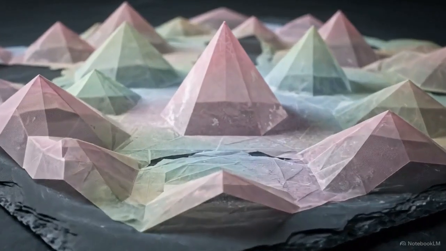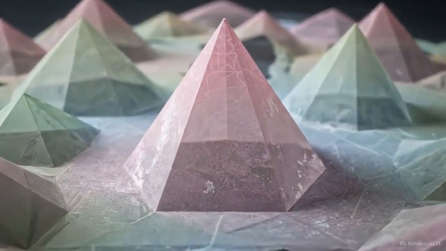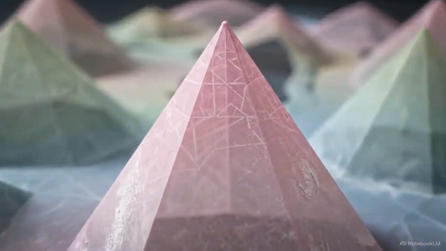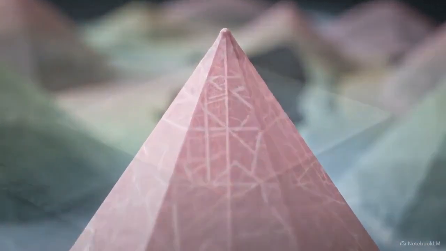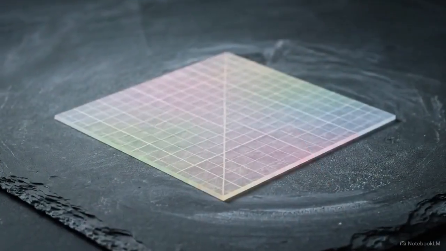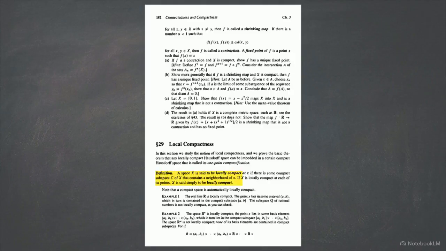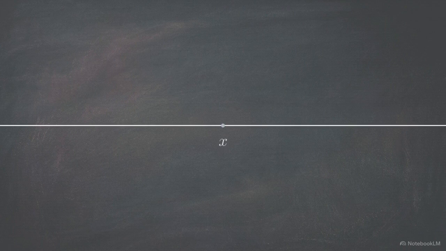Despite this global failure, the real line is still the foundation of calculus. This works because a space can be entirely unstable globally while remaining perfectly predictable up close. This localized stability is known as local compactness. This definition establishes the rule: a space is locally compact at a specific point if you can draw a small neighborhood around that point that is completely contained within a compact subspace. We test this by plotting an arbitrary point x anywhere on the infinite real line.